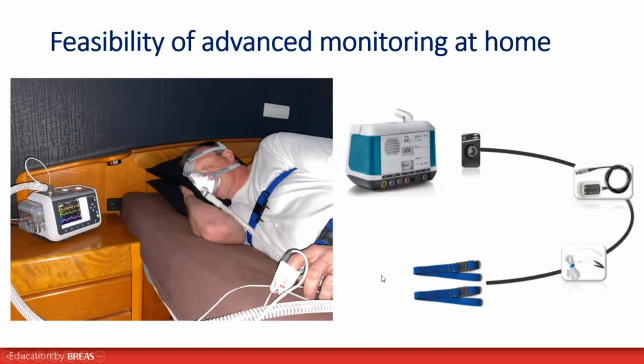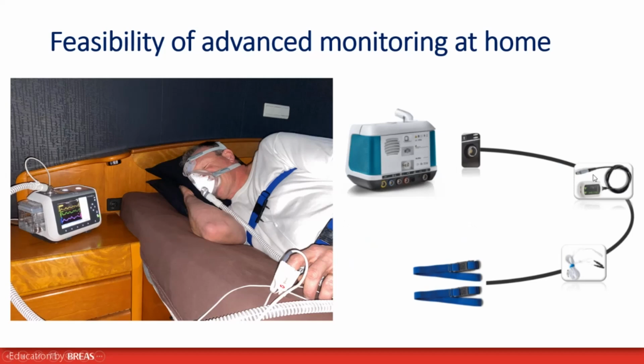Now, if you use a polygraphy that is connected on the Vivo 45, it's even easier than with the NOX, because you don't need to add a proximal flow sensor. The ventilator will use the usual flow sensor. So the patient just has to set a thoracic belt and an abdominal belt, connected with some cables.